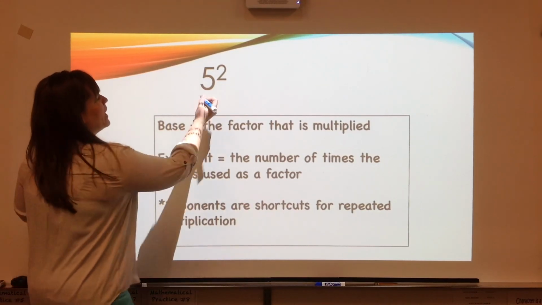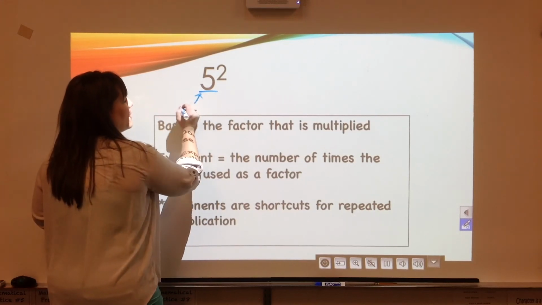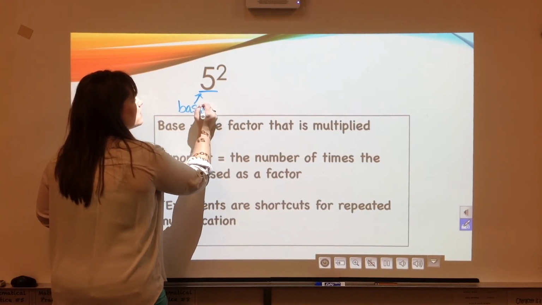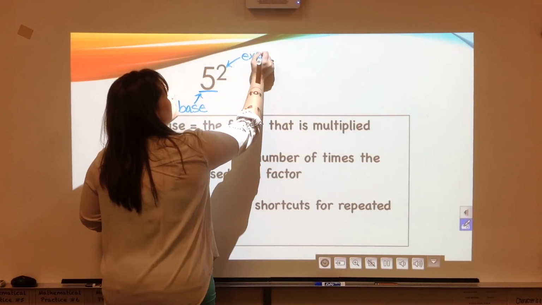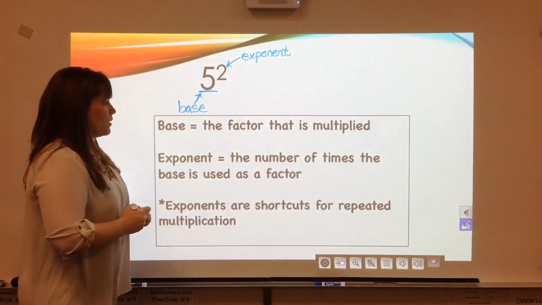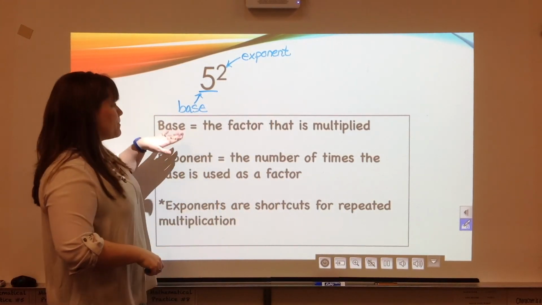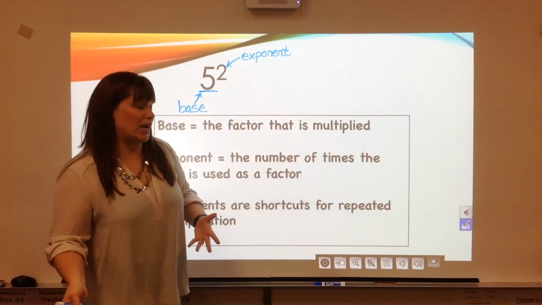So I want you to actually underline the 5, draw an arrow and label it the base, and then do the same thing for the 2, and that is the exponent, or the power. So again, the base is the factor, the number that's multiplied multiple times.